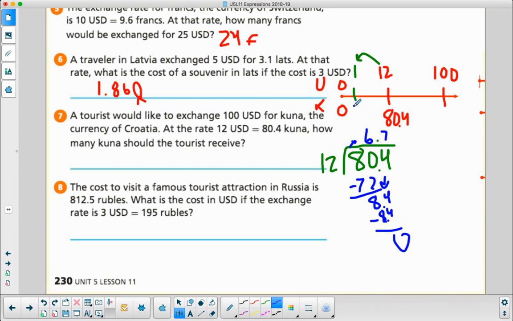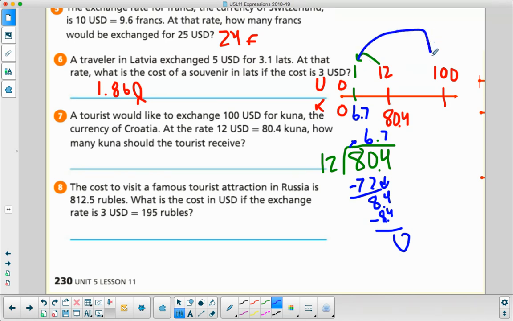Does that make sense? That $1 gives me 6 and 7/10. Yeah, because 6 multiplied by 12 is 72, and 7 multiplied by 12 is 84. And 6 and 7/10 is in between 6 and 7. So it's definitely reasonable. What's cool about this one is, guess what?